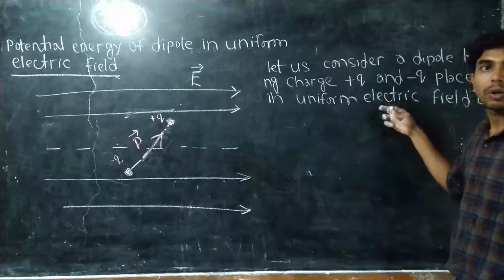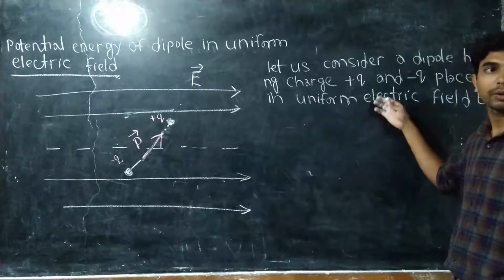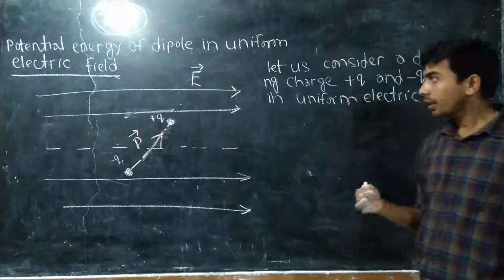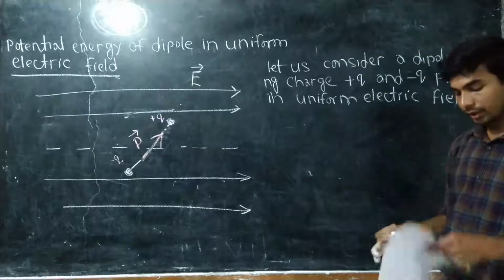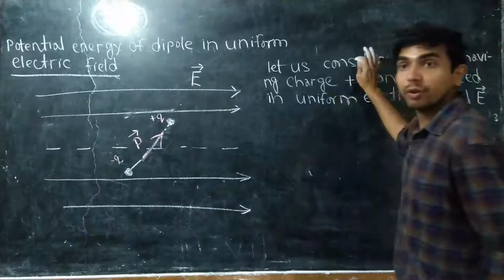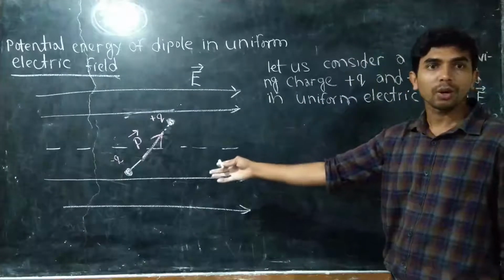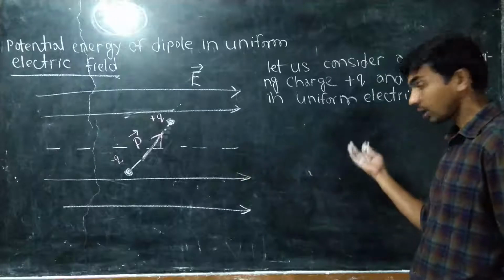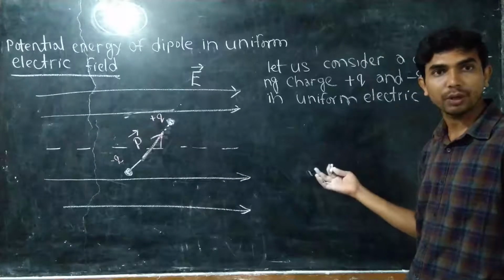So first you write this statement, and then try to draw the diagram, okay? And then we have to write the torque experienced by the dipole. This you have to write first, then draw the diagram, and then I am going to write the other things, okay?